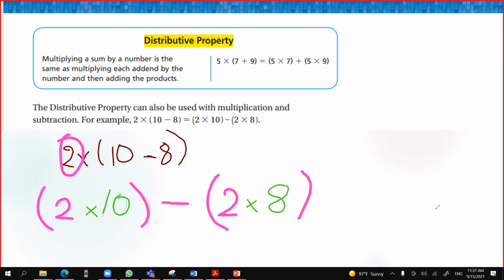Then 2 times 10, 20. And 2 times 8, 16. Is it right? And then 20 minus 16 is 4. So the answer here is 4.